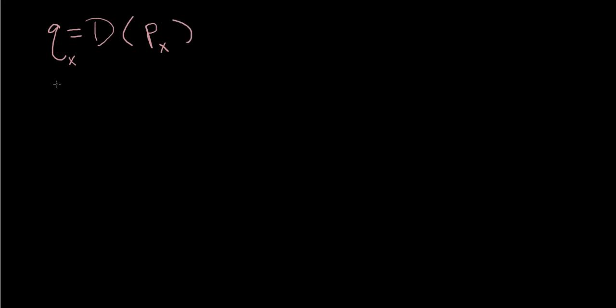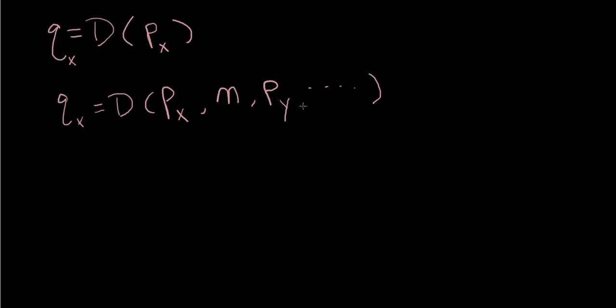But now we're adding more variables that affect the demand. So demand for good X, say, depends not only on its price, but also other factors, say income, and some other good's price, say the price of good Y, etc., etc., right? So that's what we're doing. We're putting other variables or other factors that affect the demand for good X there, right?